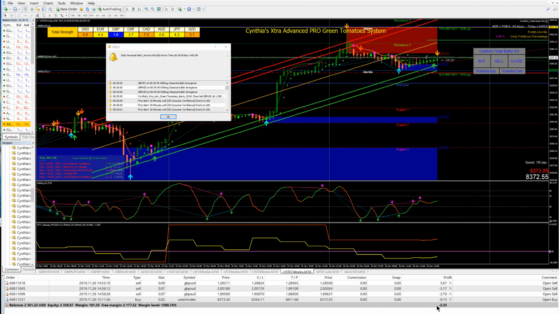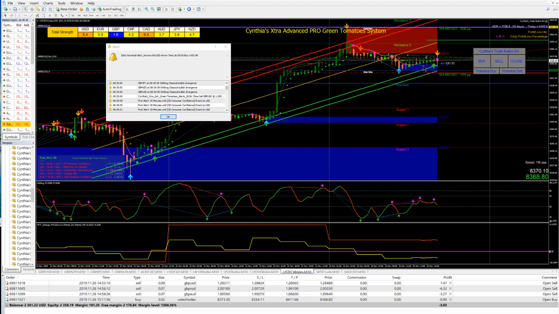The US dollar is very strong, which means that this being a US tech index, if the US dollar is strong in the currency strength meter, then the push to the upside is stronger than the push to the downside. But we've got the reversal arrow, and of course we're in this very narrow little area between the red overbought and the blue oversold. So this is kind of a no man's land.